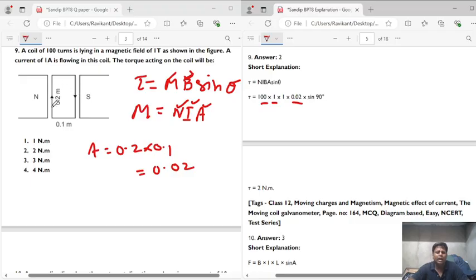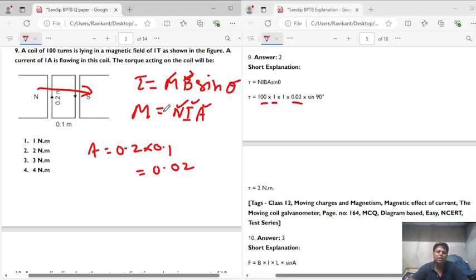The M vector will be perpendicularly outwards from the plane of the paper, and the B vector is from north to south, right? So the angle between them will be 90 degrees, so sine 90. When we put in these values and multiply, we get the torque equal to 2 Newton meter.